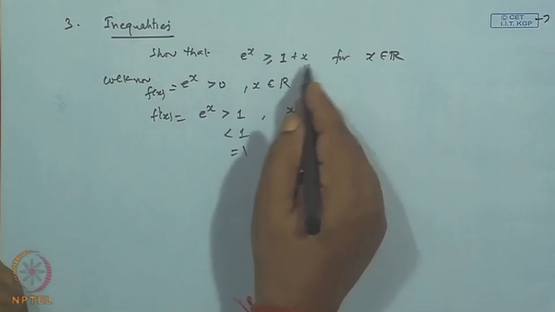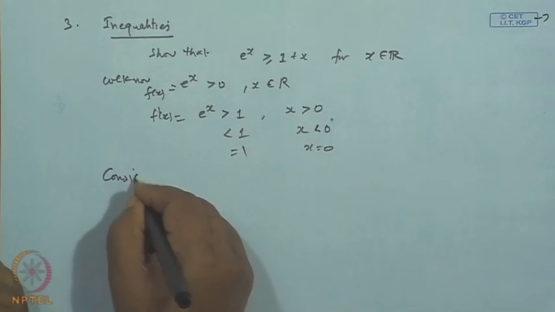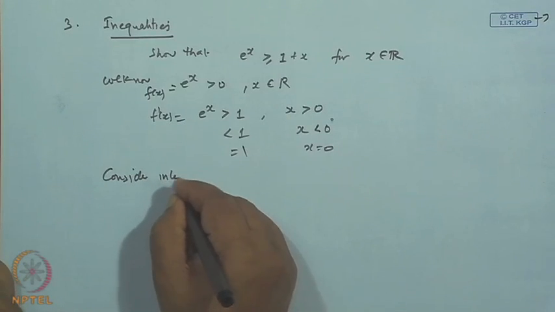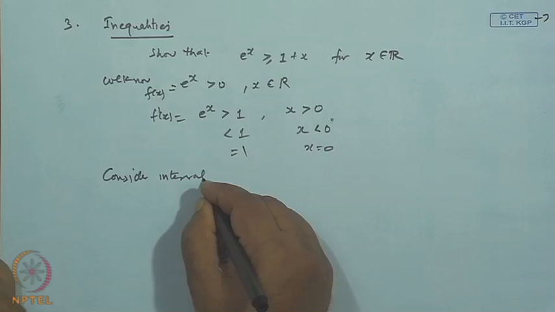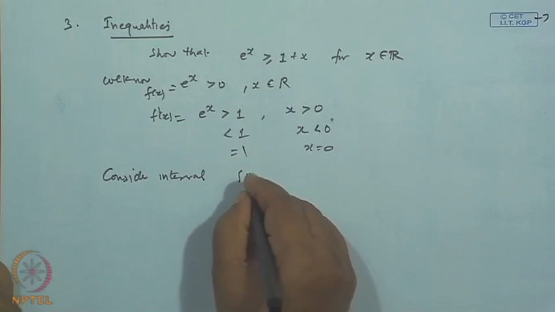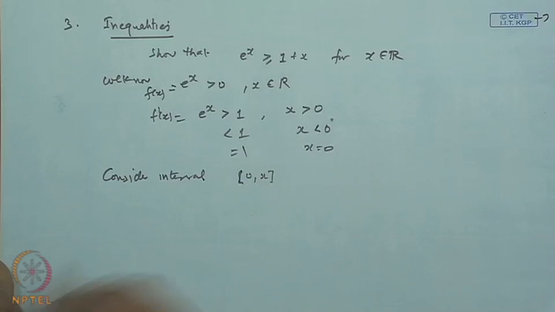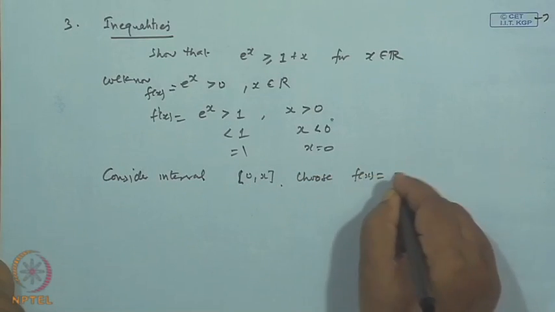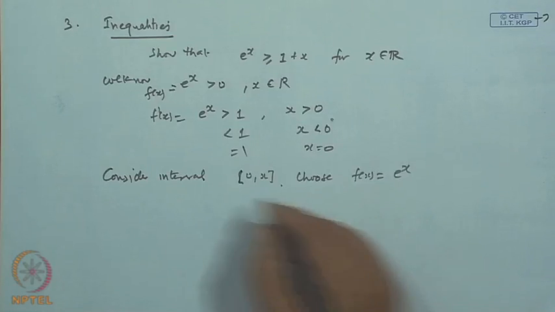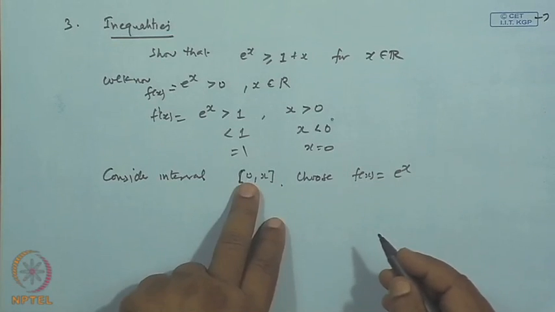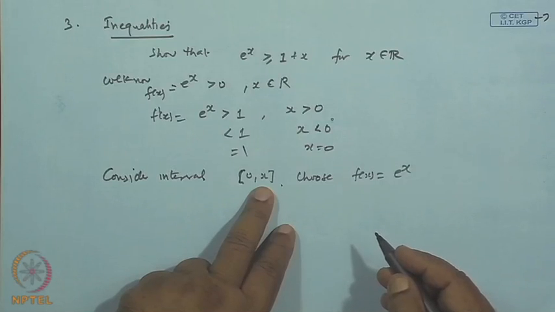Now, to establish this result, consider the closed interval 0 to x, and choose f x as e to the power x. Now, this function is continuous and differentiable inside the interval 0 x.